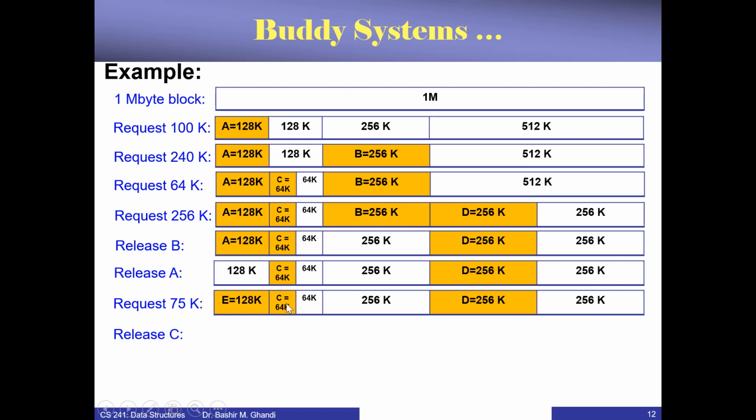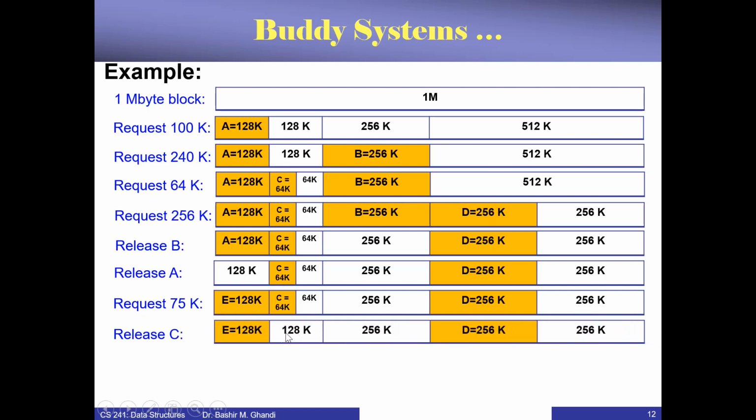So now we're going to have two blocks of 128, and it's going to be put in the linked list of 128. So the linked list of 64 is now empty. This is the point. Once a buddy returns, they are merged together to form a bigger block, and the block will be put in the linked list of the bigger size.